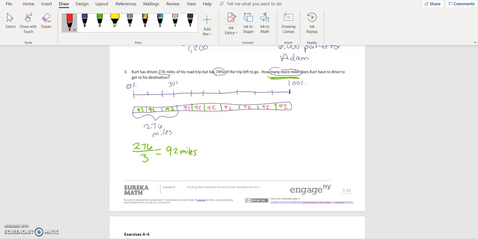They are all 10% of the trip. So 92 times 7, unless you want to sit there and add it all, is equal to 644. So 644 miles left to go, not the entire thing.